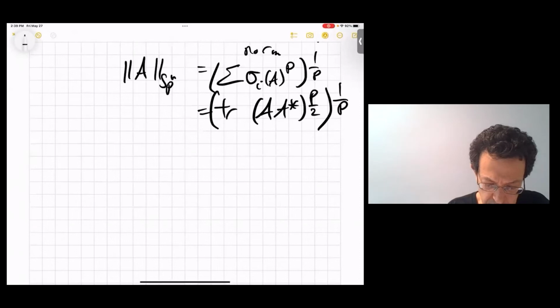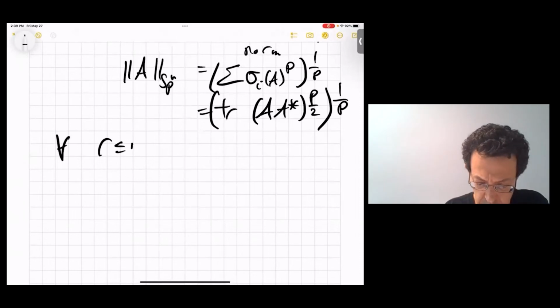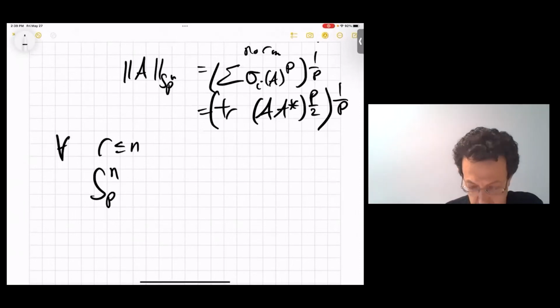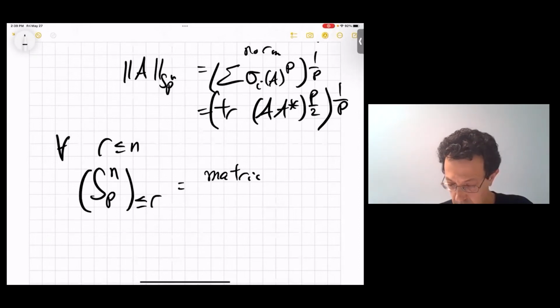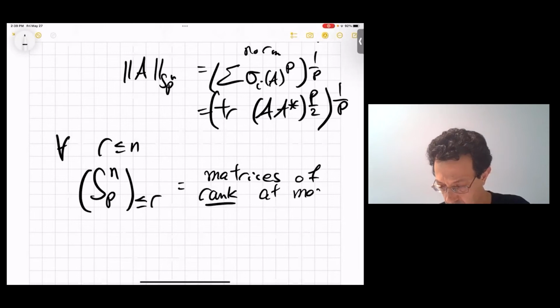For every R less than n, you can look at the matrices of rank at most R in S_P^n.